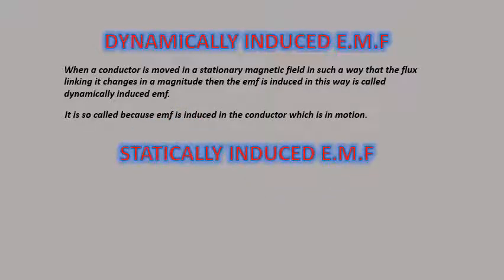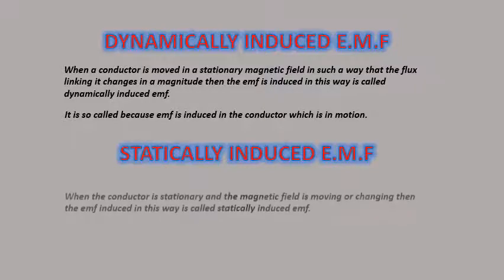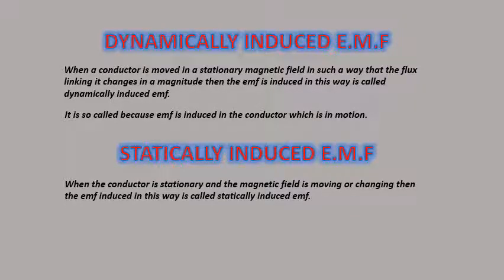Statically induced EMF. In statically induced EMF, there is a conductor that is stationary and the magnetic field is moving or changing. Then the induced EMF is known as statically induced EMF. So this is the behavior of a transformer.